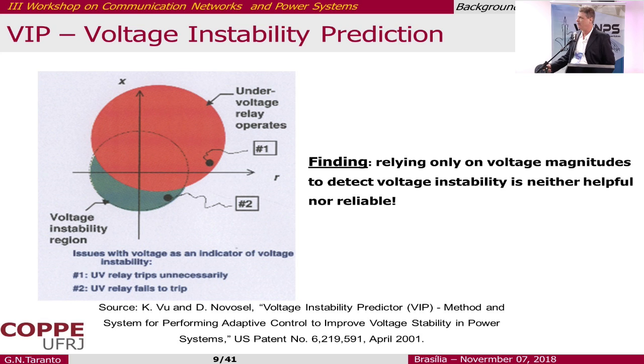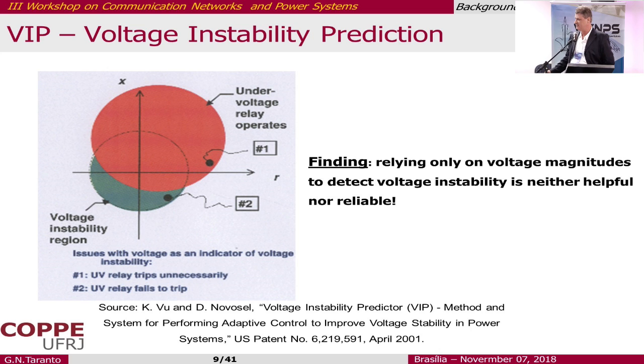Suppose in the red ball you have under voltage relay operation. So a trajectory like this number 1 trajectory would be tripped by this under voltage relay. There is another ball here in green that is the voltage instability region in this plane.